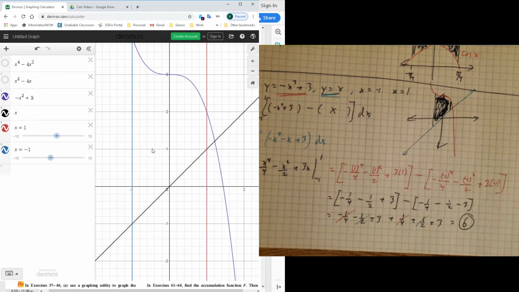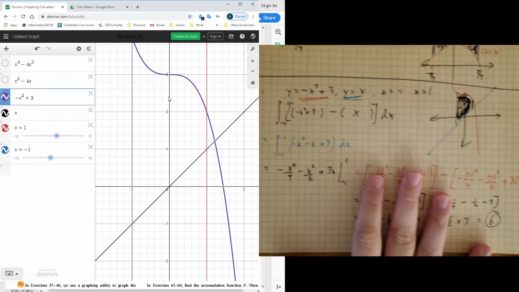Kind of the advantage of Desmos, and it's this middle area kind of filled in between all 4 of these lines now. So between negative 1 and positive 1, between x and negative x cubed plus 3. And so it's this space filled in between these, which is pretty neat. Nice try number 6, who would have thought?